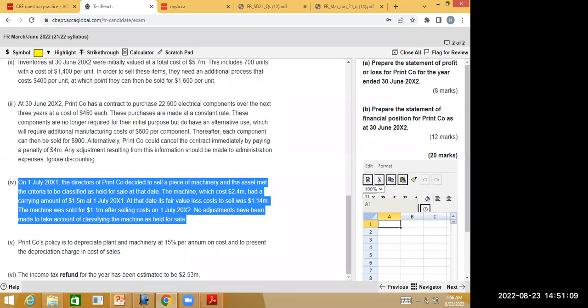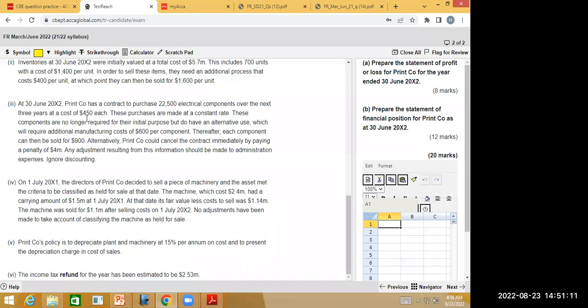Now, please do attempt note number 3. That's the last one. At 30th June 2002, the print company has a contract to purchase 22,500 electrical components over the next 3 years at a cost of 450 each. These purchases are made at a constant rate.